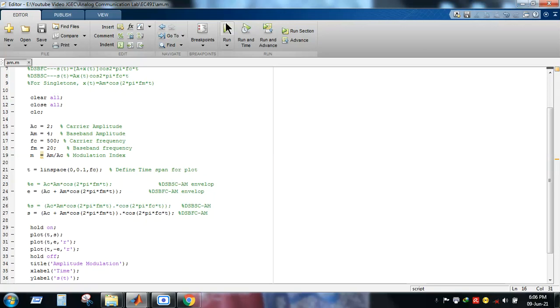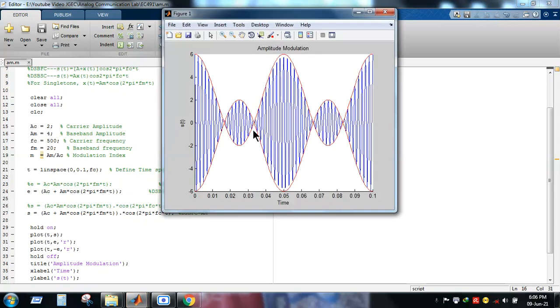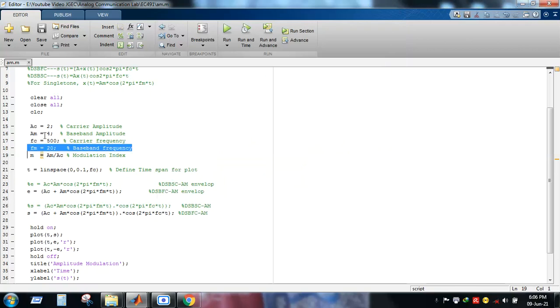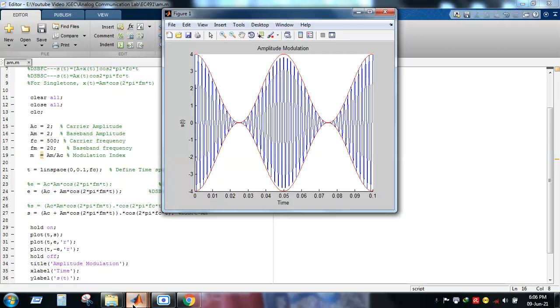Like for this case, this is the over modulation. So we should draw this over modulation where the carrier amplitude is 2, the baseband amplitude is 4, and the modulation index is 2. Similarly, suppose we make this 2. Again draw this waveform, or save this image as jpg or another file, and store it in your machine.